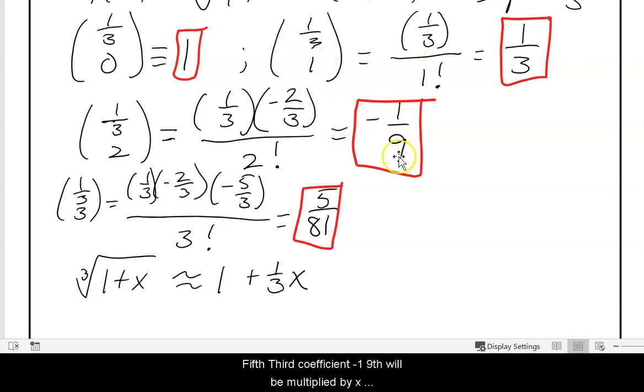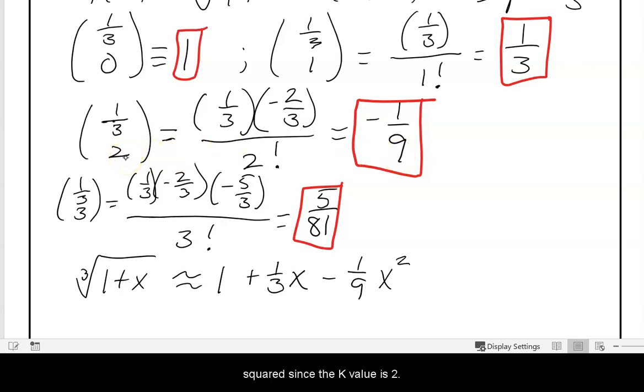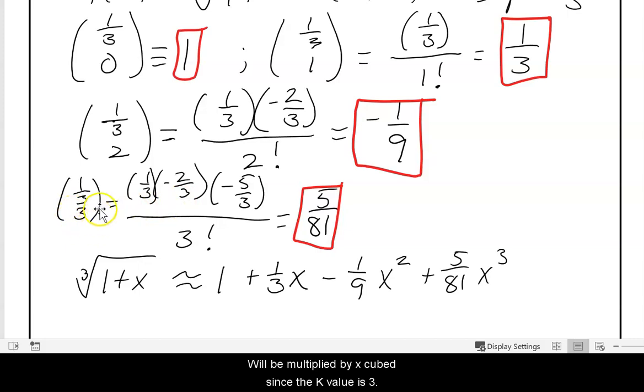The third coefficient, negative 1/9, will be multiplied by x squared since the k value is 2. And the fourth coefficient, 5 divided by 81, will be multiplied by x cubed since the k value is 3. That's the first four terms of the binomial expansion. I can't say it's equal because it is an approximation as it is a finite polynomial, not the infinite one that you would get if you did the full series, since the power 1/3 is not a whole number.